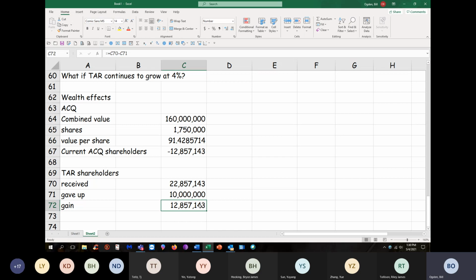So in other words, the ACQ shareholders transferred $12,857,143 of their wealth to the new ACQ shareholders. And you have to be very careful in watching which shares you're dealing with and what price you're dealing with. It's actually a fairly complicated process.